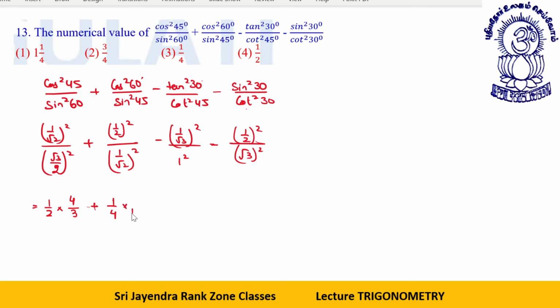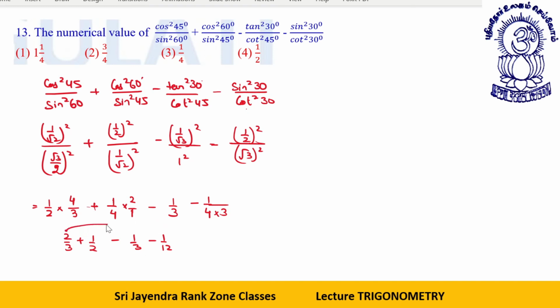So this will become 1 by 2 minus 1 by 3, minus (1 by 2) square is 1 by 4, into 3 like this. Okay, what do I get? This is 2 by 3 plus half minus 1 by 3 minus 1 by 12. Okay, so far clear?